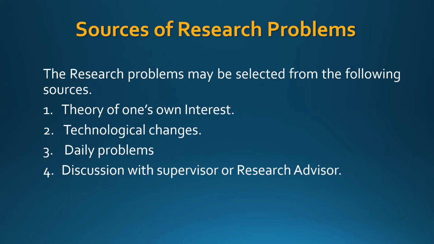The researcher may select a problem for investigation from a theory in which he has considerable interest. He must have the knowledge of that theory sufficiently to explore unexplained aspects of that theory.